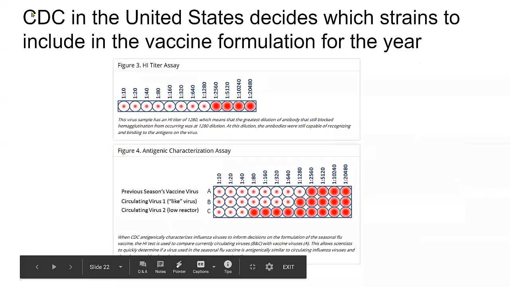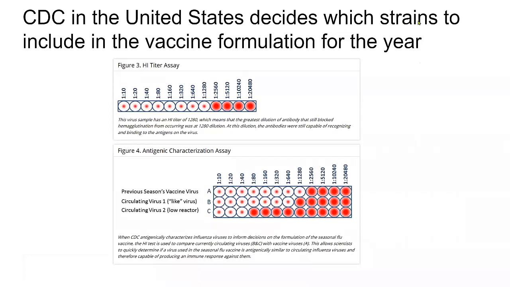So instead, CDC, Center for Disease Control, has to predict what to put in the vaccine for that year. So they put 3 or 4 flu viruses in the vaccine, and they're trying to say, oh, this is probably the right one to use this year. And they do it with this test, which is pretty. So I'm going to try to show it to you and hope you understand it.